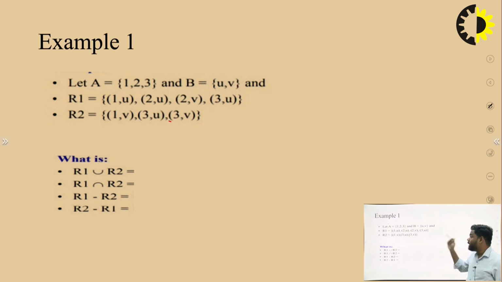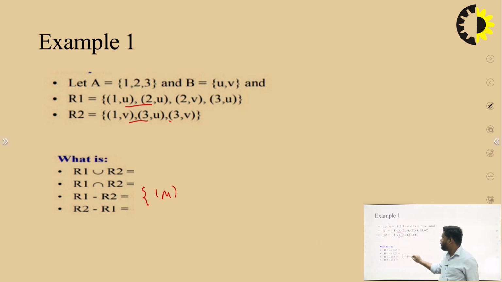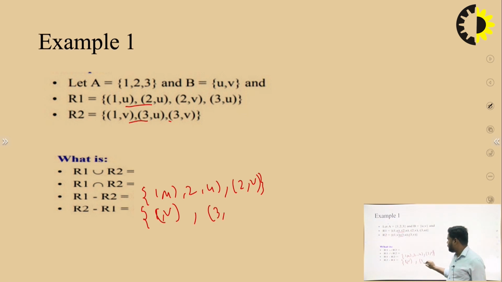R1 minus R2 has 1u, 2u, 2v. And R2 minus R1 has 1v, 3v, not 3u. R1 minus R2 means we check the elements present in R1 but not in R2. R2 minus R1 means the elements present in R2 but not in R1.